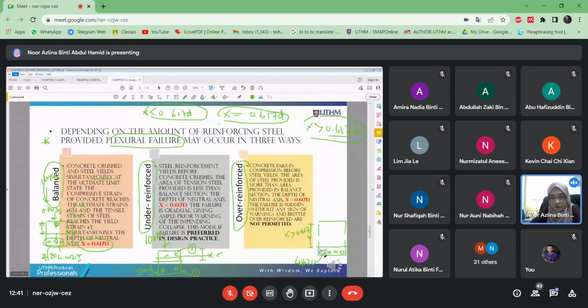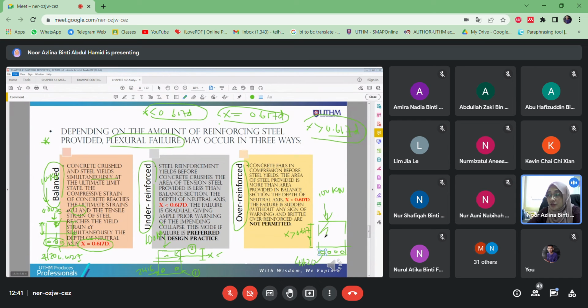Once you provide more reinforcement here, that means at the same load, once applied 100 kilonewtons, the steel still does not reach its yield strength. Dia masih relax, steady lagi, resist all the loads. Dia belum sampai lagi limits untuk fail for the steel.